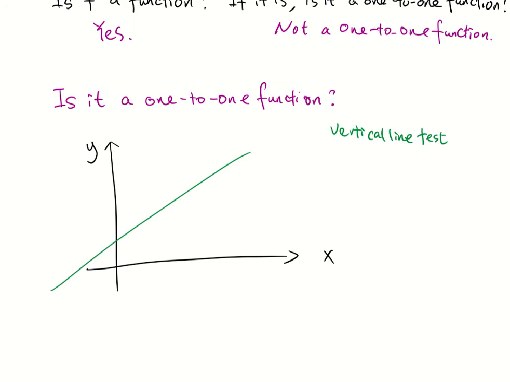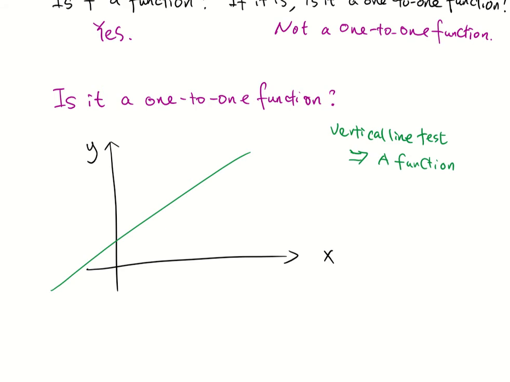Does it pass? Yes. If we run a vertical line through the graph, anywhere the line will intersect the graph at most one point. That means it's a function.